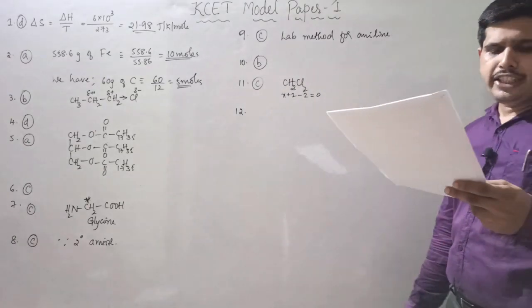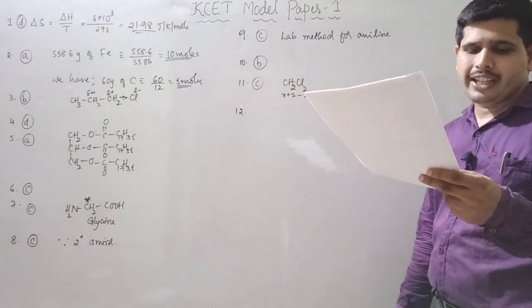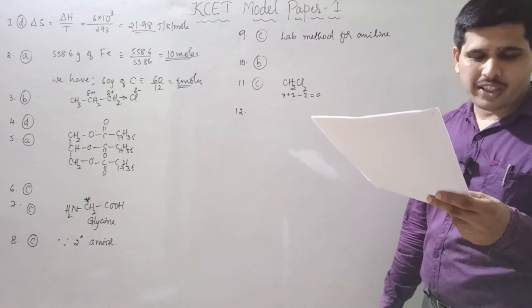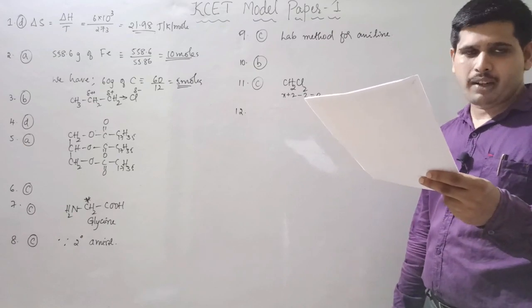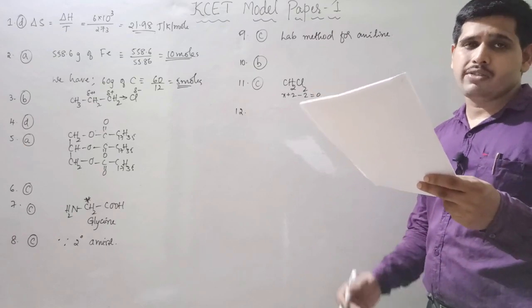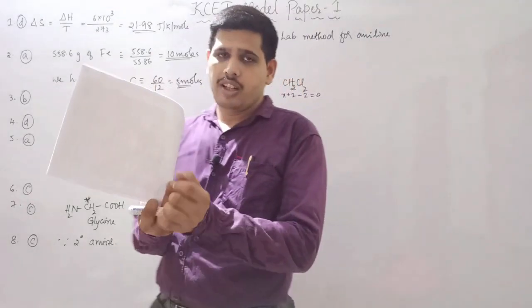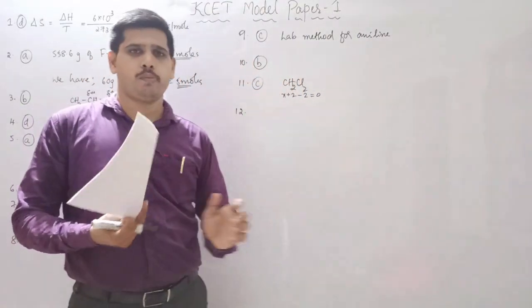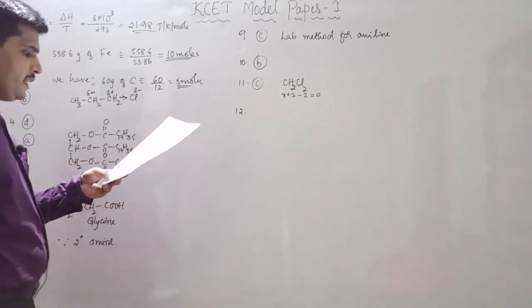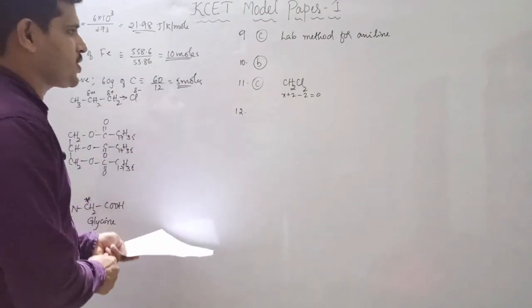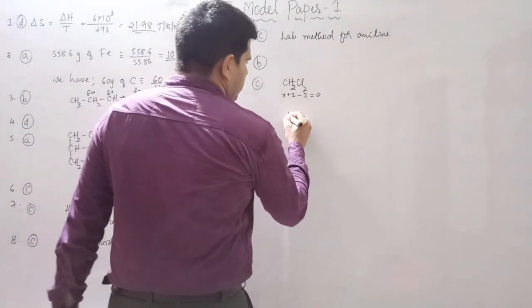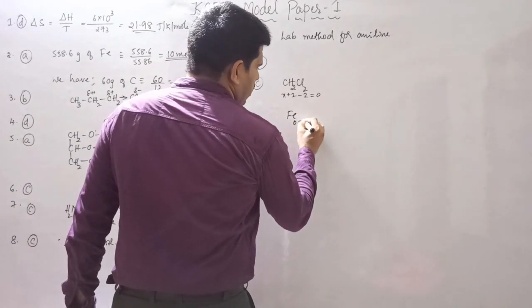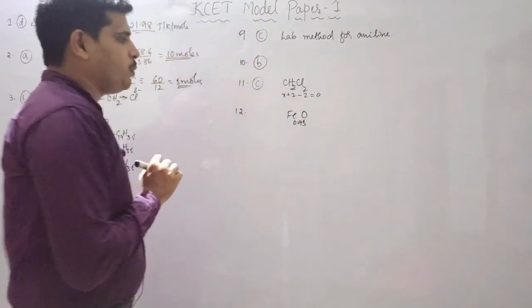12th one. In Fe0.95O, what is this type of oxide called? We come across it in redox reactions as well as in interstitial or non-stoichiometric compounds, isn't it? So what is the oxidation state of iron? How to find it out? Your usual method, FeO, with iron composition 0.95.